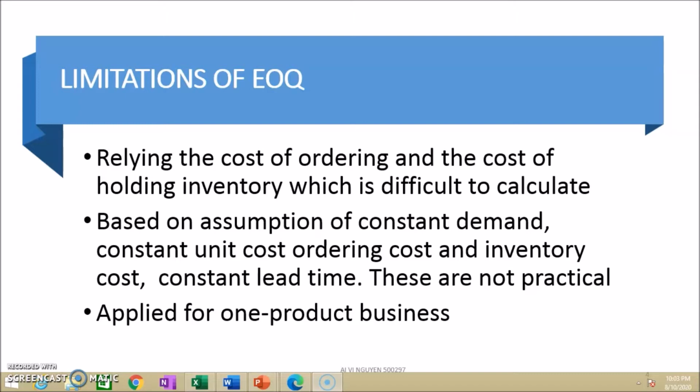And also the supplier cannot always be on time on delivery to us. Another point is the formula only applies for a one product business, so it does not allow the combination of different items in one calculation. So for each type of product, you have to calculate and track separately.